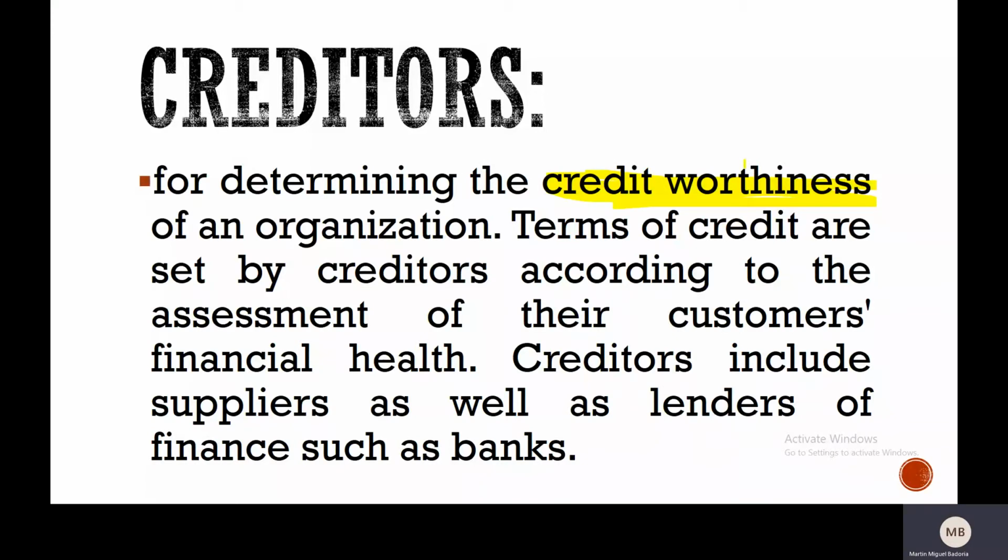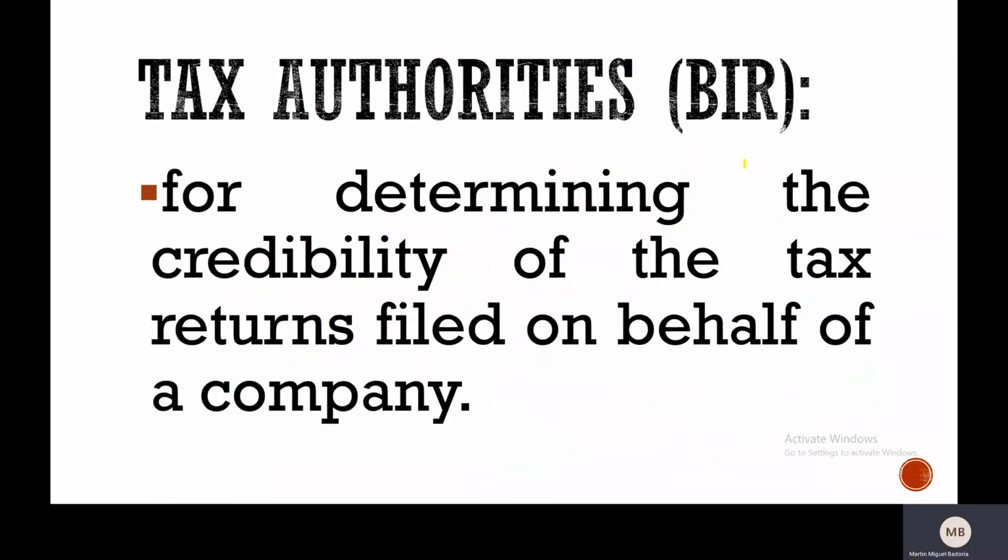Creditors include suppliers as well as lenders of finance such as banks. And tax authorities or the BIR for determining the credibility of the tax returns filed on behalf of the company. So tax returns, basically, each company has to pay their taxes. And the tax collecting body for the Philippines is BIR or Bureau of Internal Revenue.